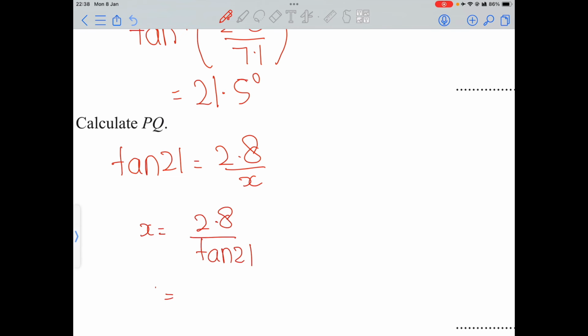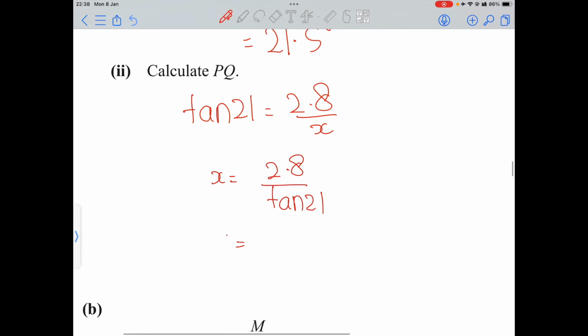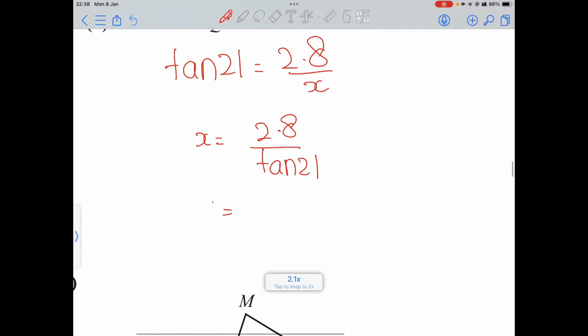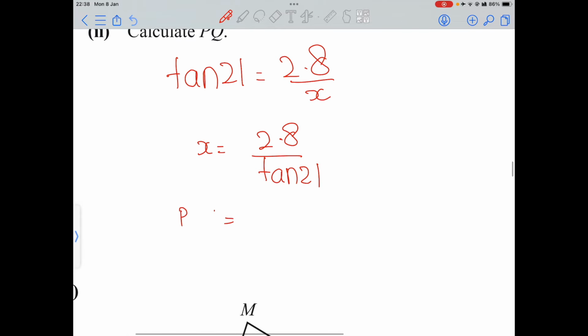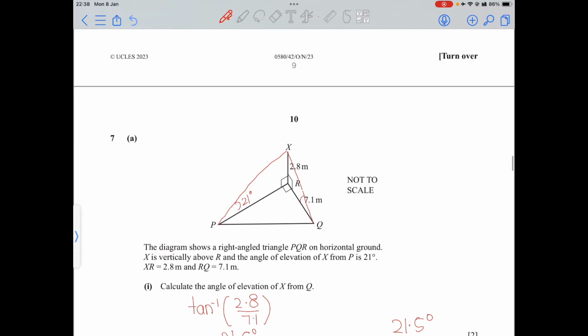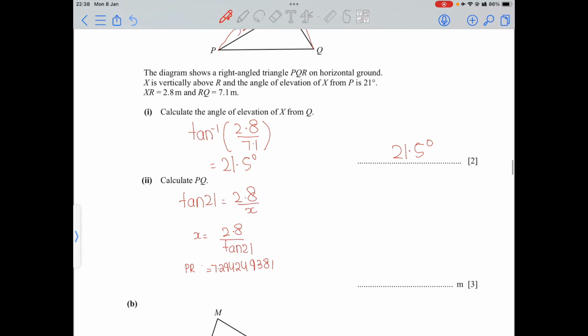If you do 2.8 divided by tan 21, the value of PR is 7.294249381.